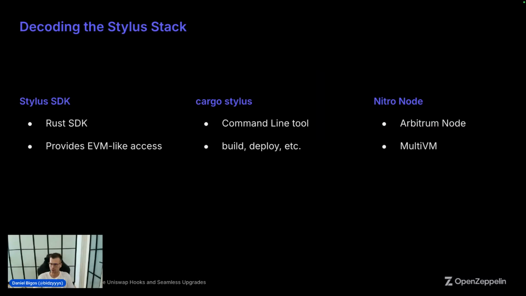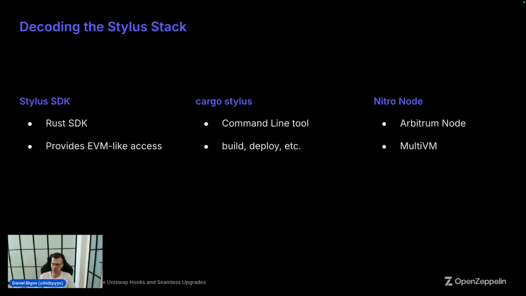Now let's talk about the technology stack around Stylus. At first, the Stylus SDK is a set of libraries and code tooling that enable developers to write EVM compatible WASM smart contracts. The most popular and most advanced one is the Rust Stylus SDK, and this one we will be using today in our workshop.